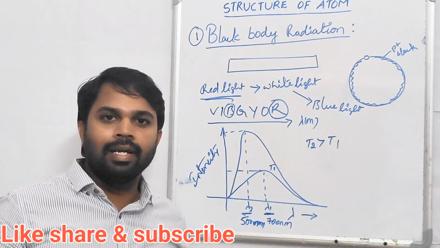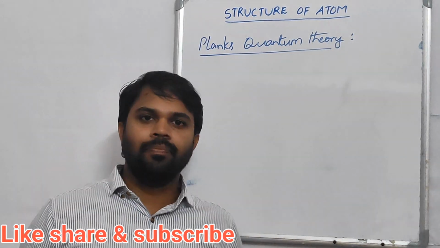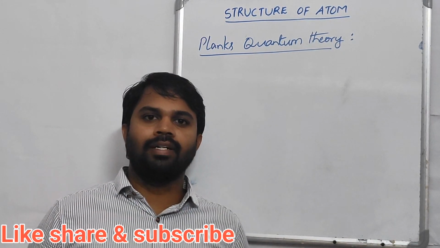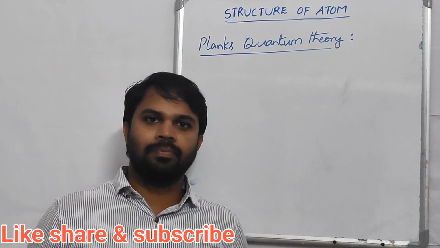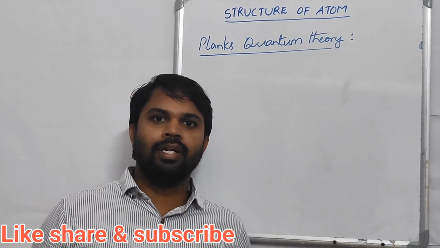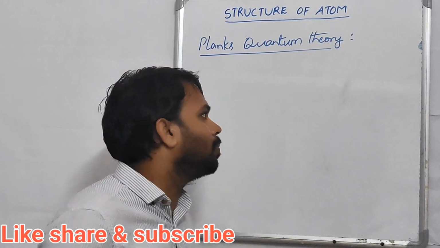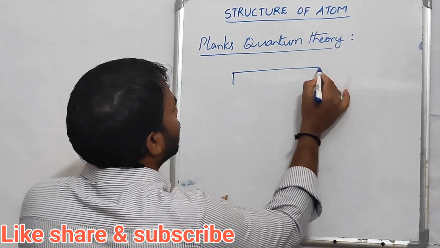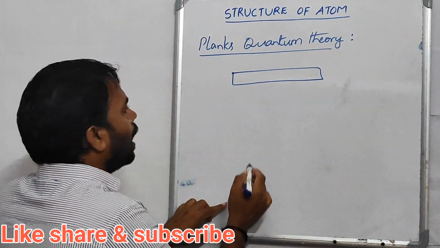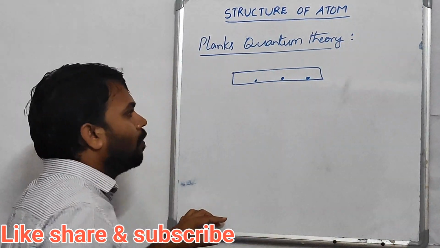This was explained by Max Planck by Planck's quantum theory. This theory supports the particle nature of electromagnetic radiation. It successfully explains blackbody radiation, the emission and absorption of radiation due to the vibration of charged particles in a body. For example, this is an iron rod. I am considering this particle and this particle and this particle of the rod.